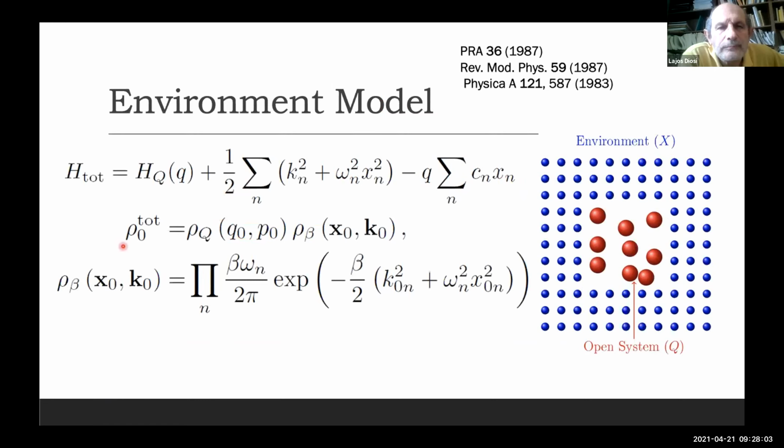The difference is that then the initial condition for the rho beta part should also include the interaction with the Q system as part of it. Then when you do the integrals, the extra term in the Hamiltonian and the extra term in the initial condition cancel each other entirely. So the result you get here is completely equivalent to the Caldeira-Leggett model. And so this should be the classical limit of that model.